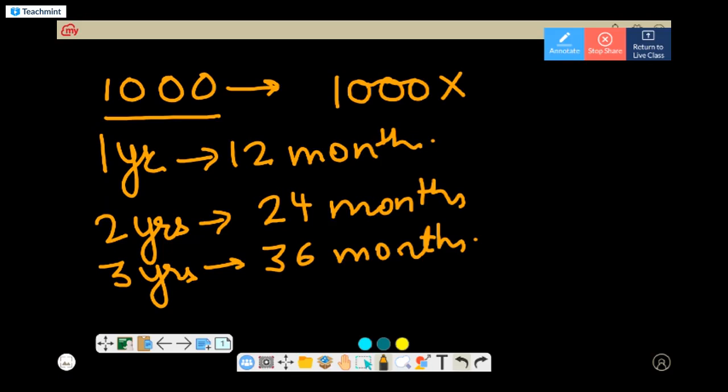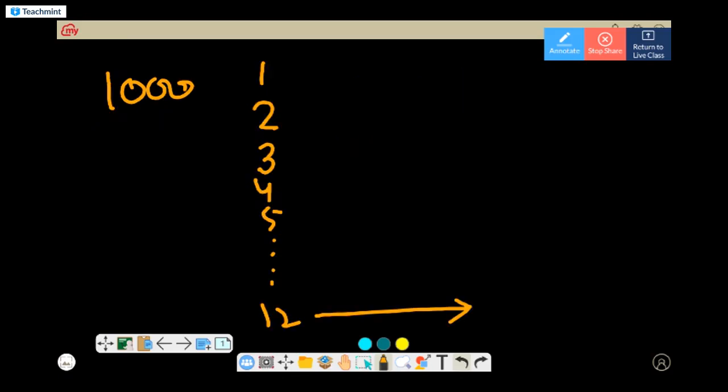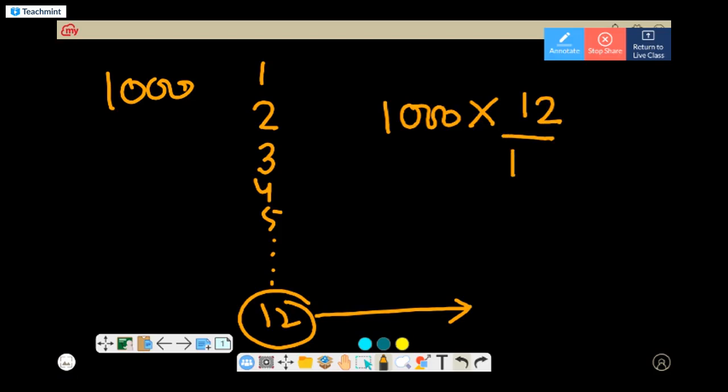By the time you have finished the 12th month cycle, how much interest should there be? First, only for the 12th month, and we will go to the previous months also. So 1000 into 12 upon 12 into, let's say we are taking 5% rate of interest, example. So 5% is written as 5 by 100. We are doing simple interest. Every month it is calculated in simple interest form.